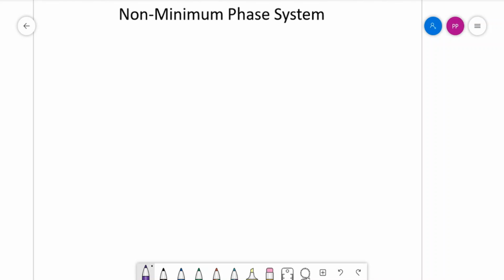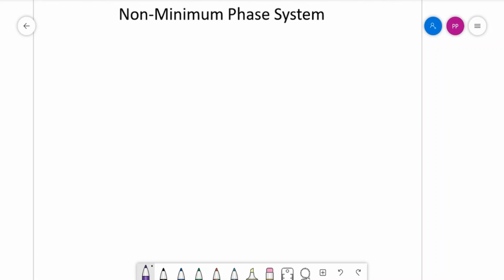All the poles are on the left half of the S-plane, and there should be at least one zero on the right half, because when there is a zero on the right half, such a system will behave differently from all the systems we have studied. If we go to the real world of control systems, in 99% of cases the system will have a non-minimum phase response. So let us understand the theory, then I will demonstrate physically what happens when the system is non-minimum phase.